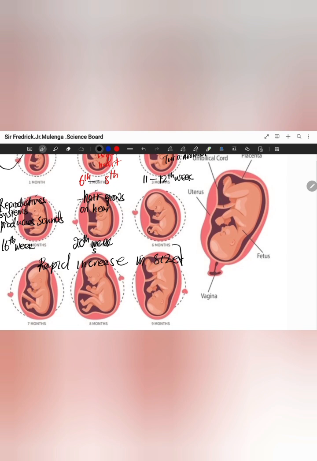In weeks, the 6th to 9th month goes from the 21st week to 40 weeks. So you're going to record some rapid increase in the development of the fetus.